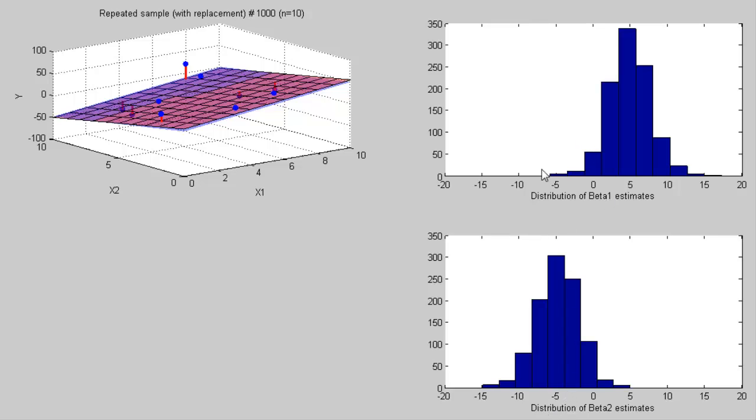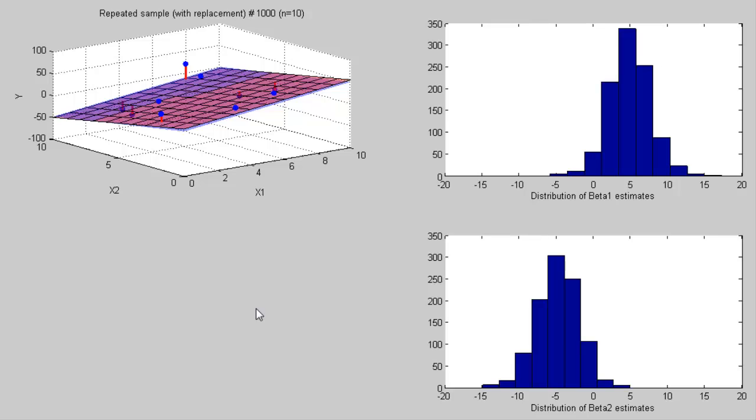And what you can see here is we can already see that the estimates that we're getting are following a normal distribution. Now, it's still a little bit lumpy. We only have 1,000 samples here. But if we were to continue to take samples, we would see that this distribution would get more and more normal-like. And as we went to an infinite number of samples, this would become a perfectly normal distribution for both of these histograms.